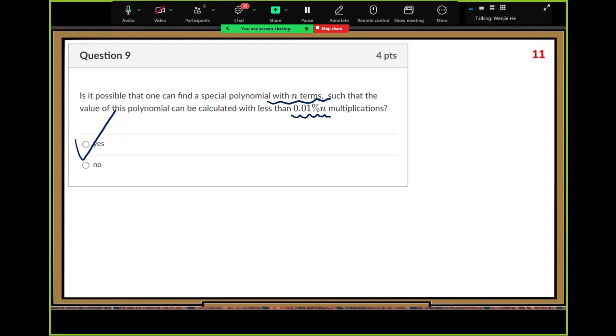The answer is yes. So for this question, you need to know several important knowledge points in our notes. The first is Pascal's triangle. That's the critical piece. How to get a polynomial with n terms?